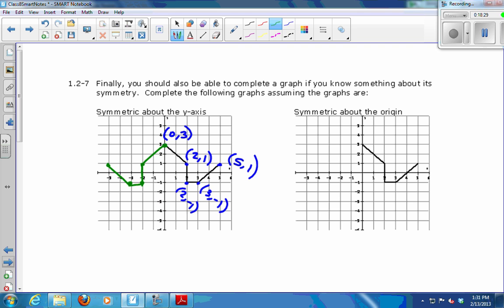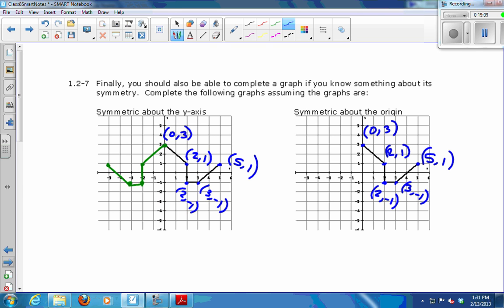Now with symmetry about the origin, that one's even harder to visualize. Some people can do it. I can't do it. So I always do the point thing with origin symmetry. So again, we label some points. And then the test for origin symmetry was replace x with negative x and y with negative y. Do that here. Replace the x coordinate with the opposite of x and the y coordinate with the opposite of y.